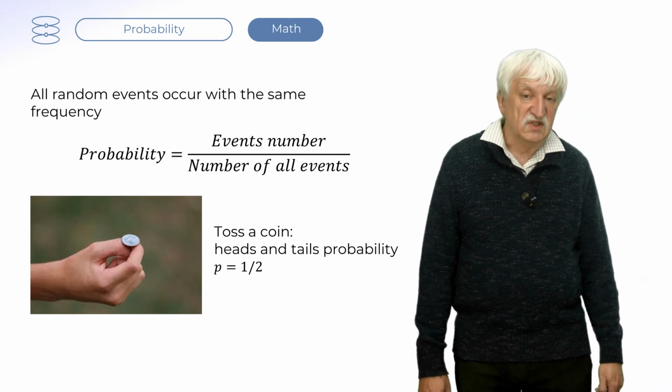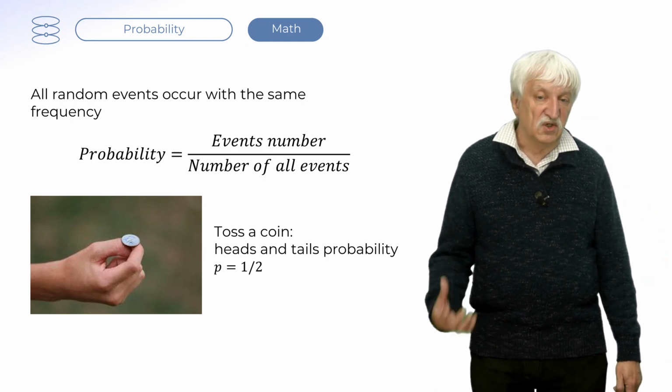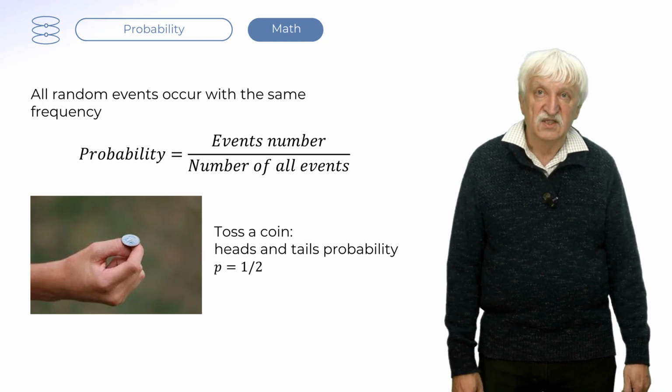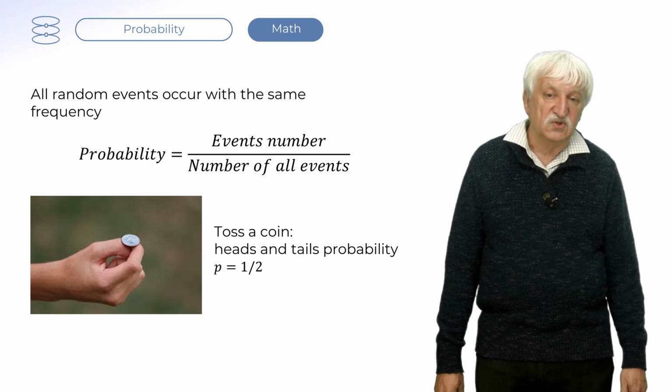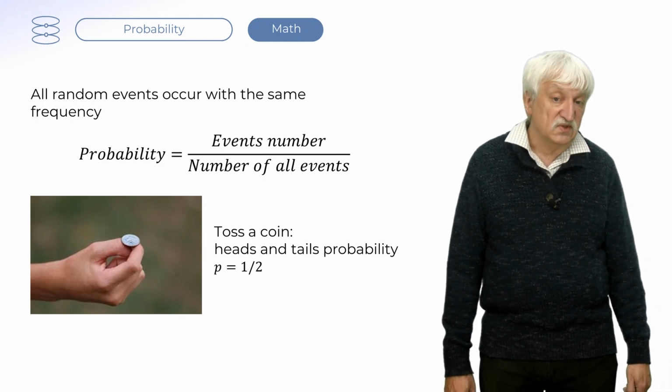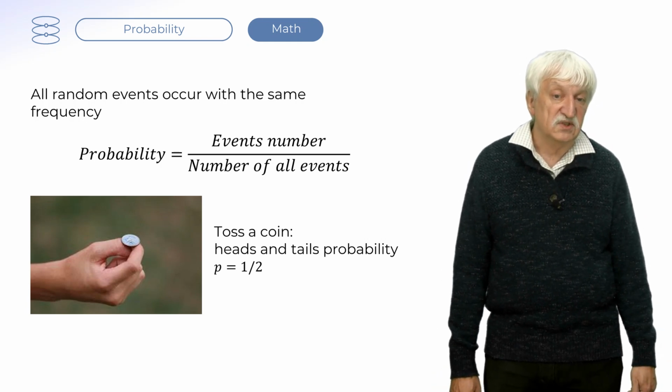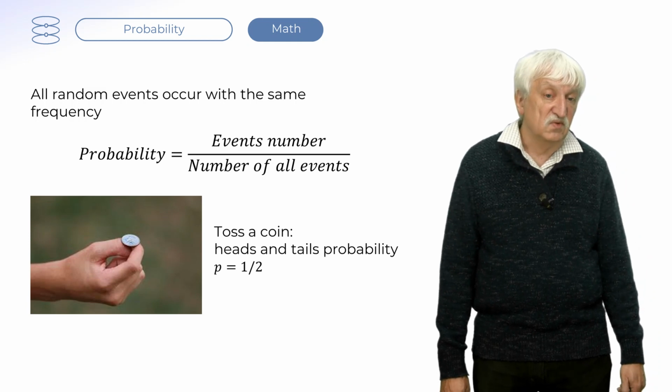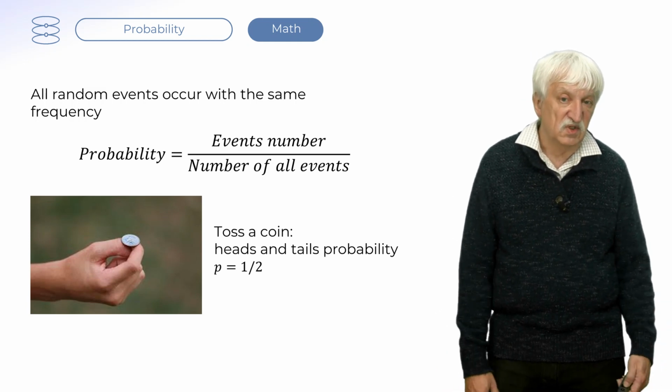The simplest example is tossing a coin. In this case, there are two events, heads and tails, so the probability of heads and of tails is equal to 1/2, the same, of course.